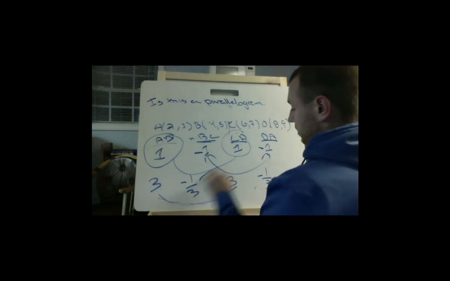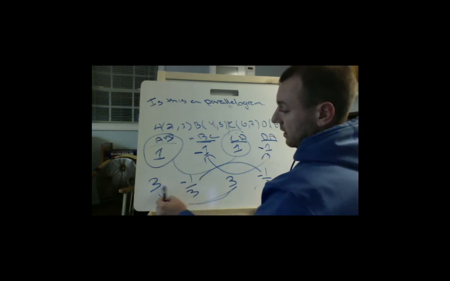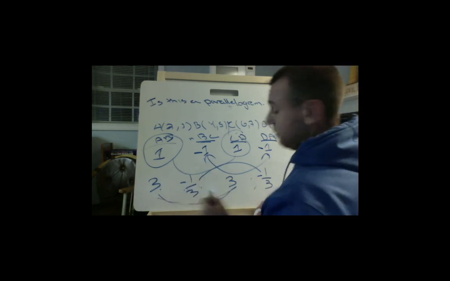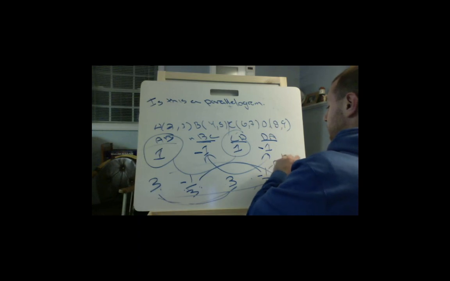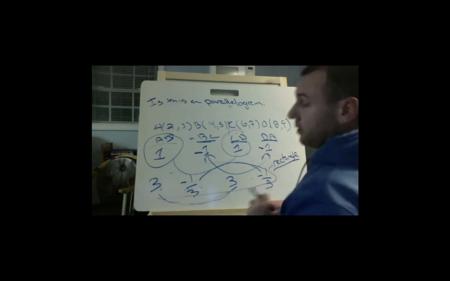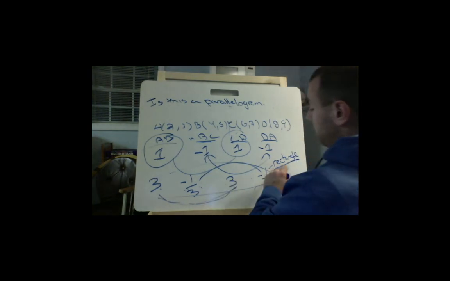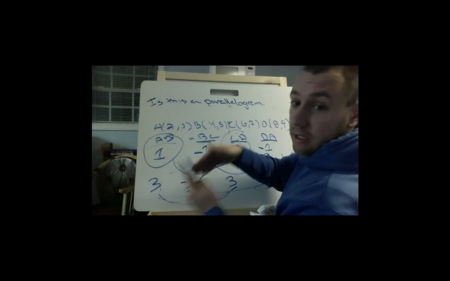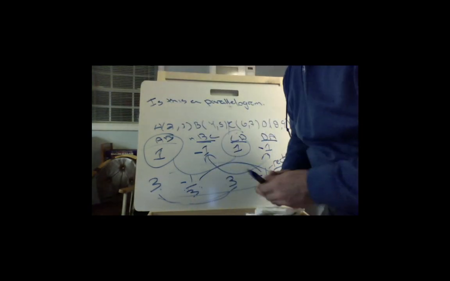These are still parallel, so it's a parallelogram, yes, but it has the added thing of being opposite reciprocals to each other, each side. So that added thing means it's a rectangle also. So it can be a parallelogram and a rectangle at the same time. But a rectangle has to have opposite reciprocals because that means that the corners are meeting at 90-degree angles. And that's the quick review of angle pairs with slope.